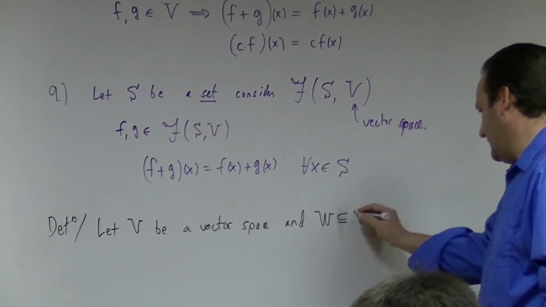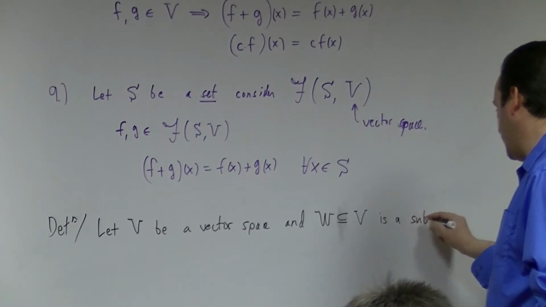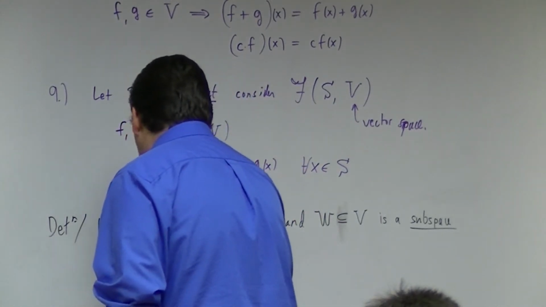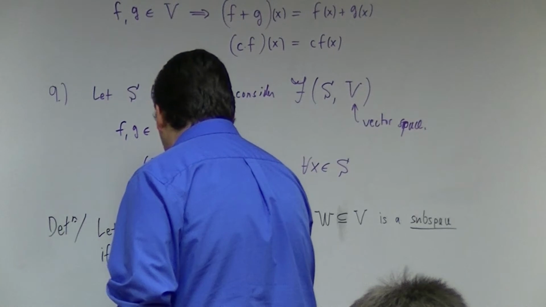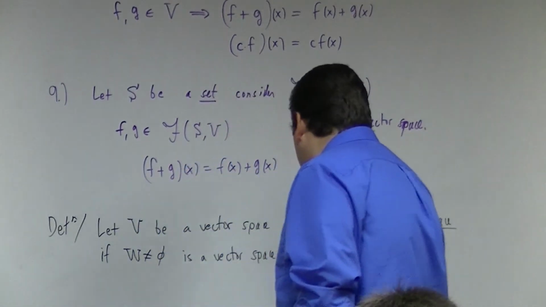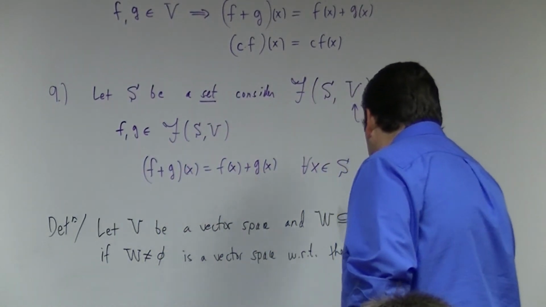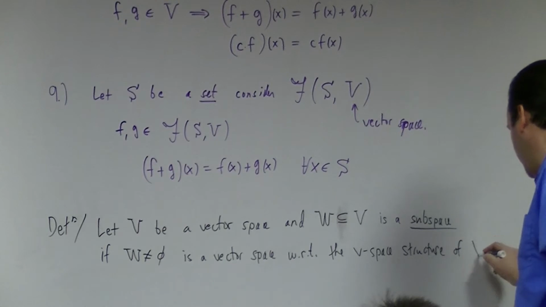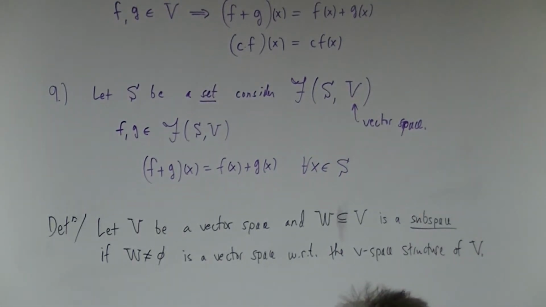A subset W of V is a subspace if W is not empty and W is a vector space with respect to the vector space structure of V. What I mean more precisely is W is a vector space in terms of the operations on V restricted to W. So same addition, same scalar multiplication, but just for that subset W.